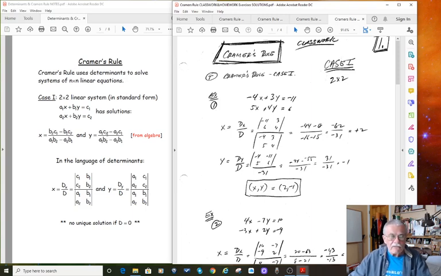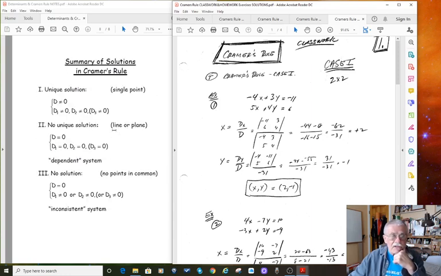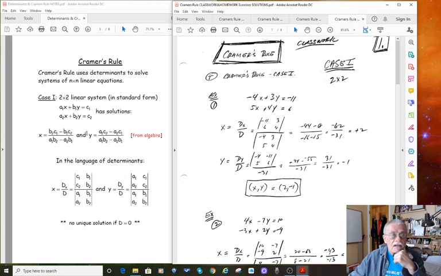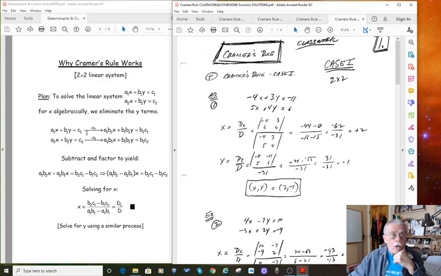So let's take a few moments and go through why that is. I'm not going to go through the 3 by 3 case, and of course you don't really need to, but there are certain patterns here that lend themselves very well to work with determinants. So the first question is why Cramer's rule works.